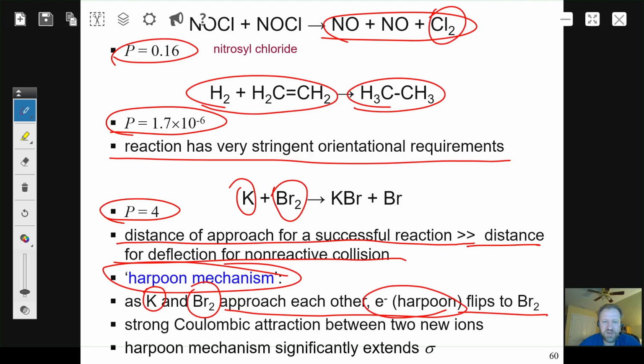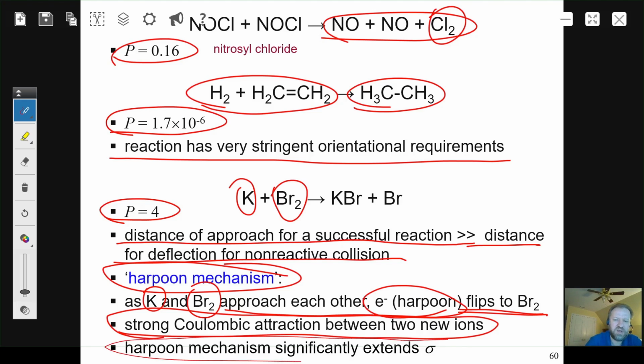So the first ionization energy of potassium is very small. That outer s electron, which is not very tightly bonded to potassium due to shielding by all the inner electrons, flips to the diatomic bromine molecule, and then strong Coulomb type attraction will take place between the two new ions, and that allows one of the bromine atoms to get detached.